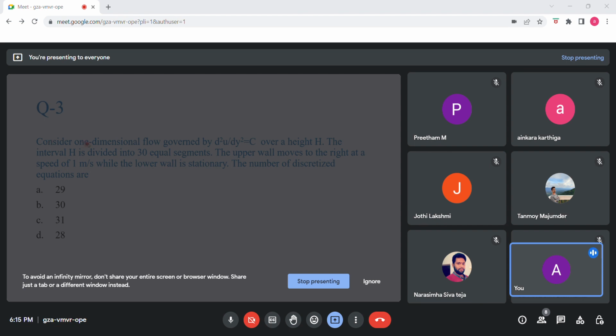tells us how many discretized equations will be there in a system if it is equally divided into 30 segments.